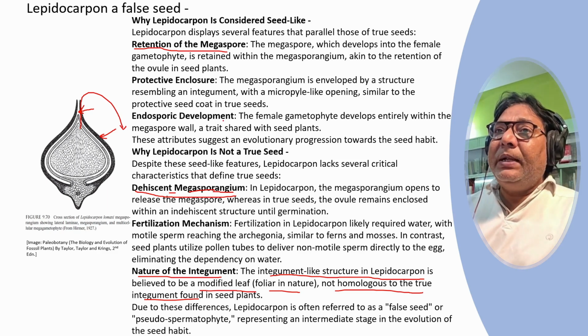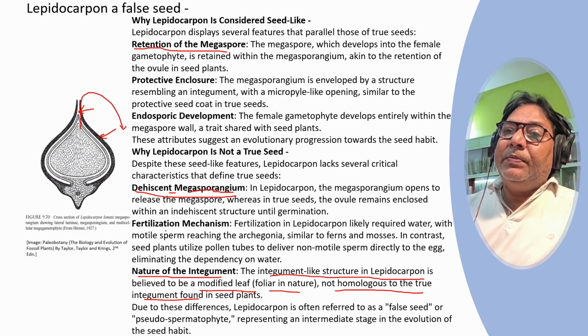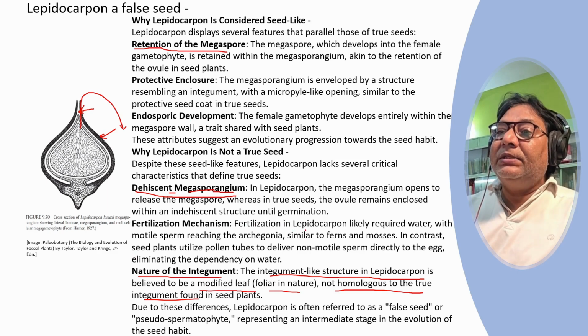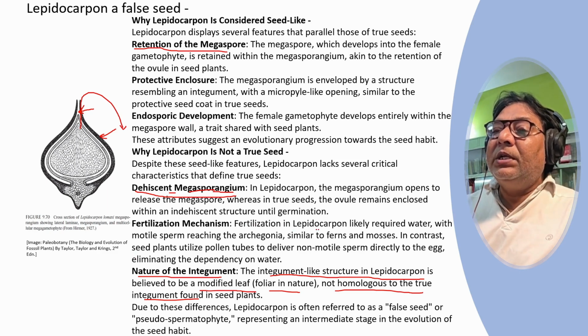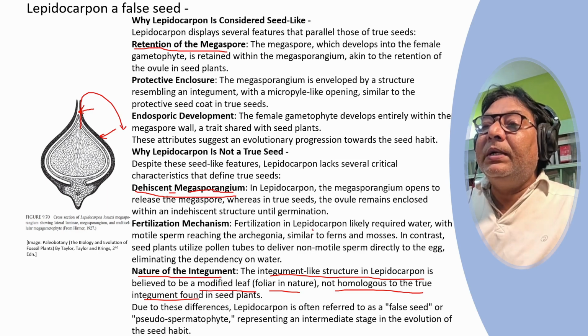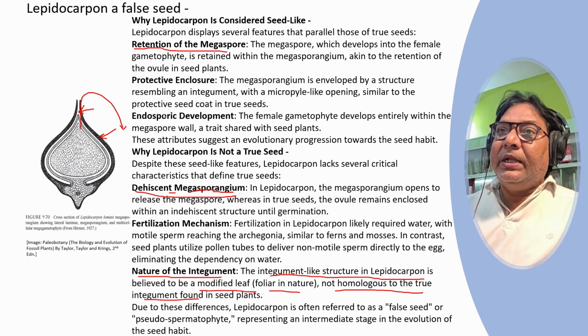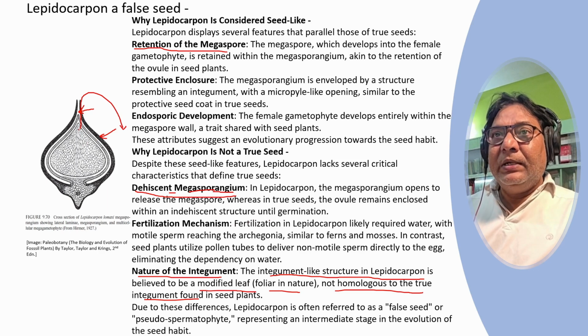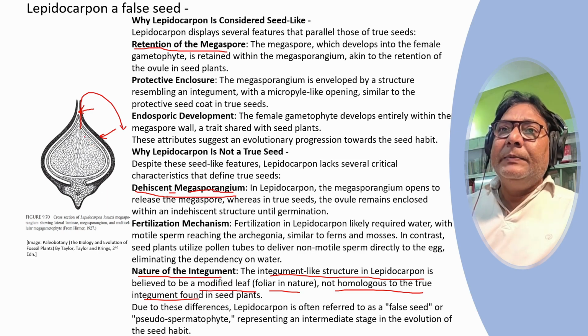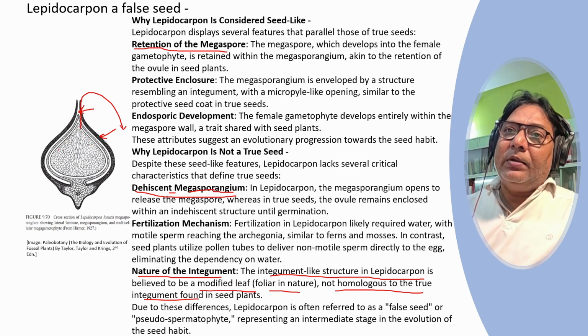Endosporic development, here the fertilization mechanism. Fertilization in Lepidodendron, they are not talking about endosporic development anymore. Some different point is there. Endosporic development was there. Endosporic means what? The gametophyte was formed inside the spore wall.